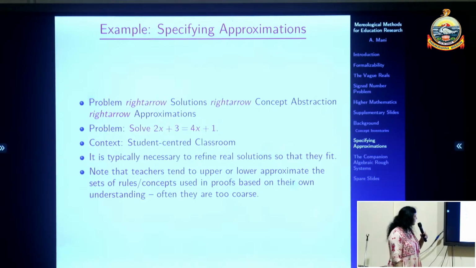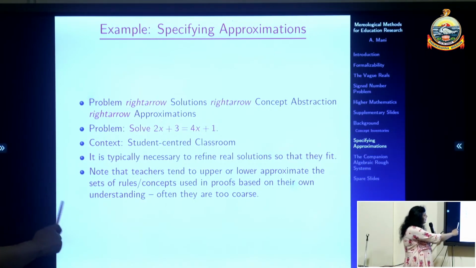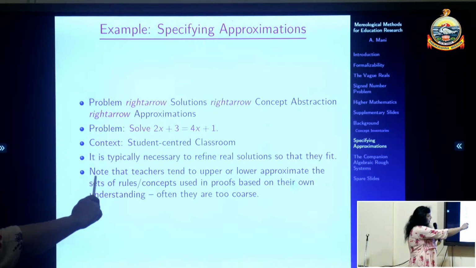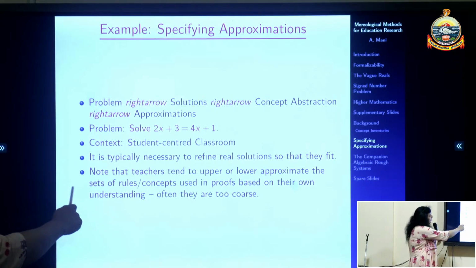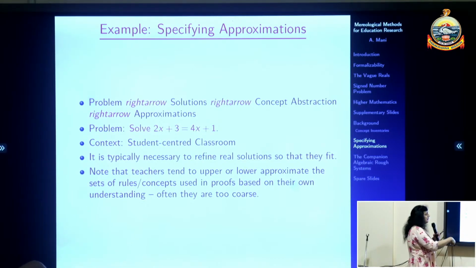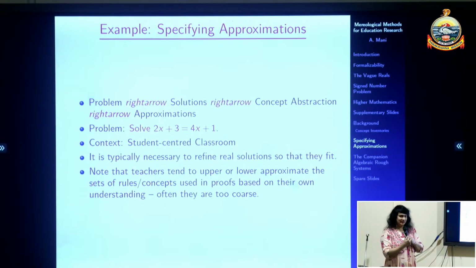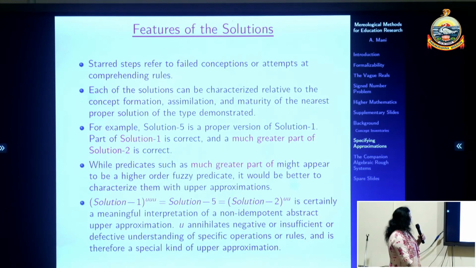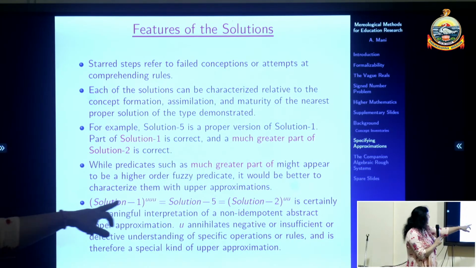And here one of the assumptions is that teachers tend to upper or lower approximate the set of rules and concepts used in proofs based on their own understanding. Often they are too coarse. This is an observation which is obviously well justified. Okay, so these are part of that. So this is how I deal with it.